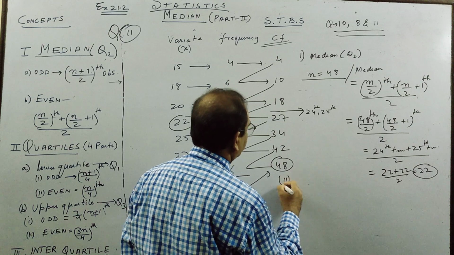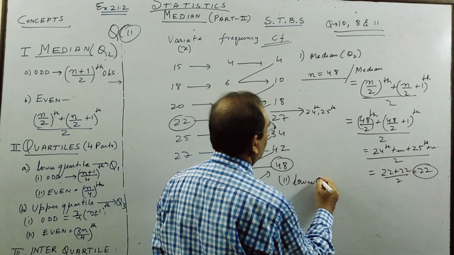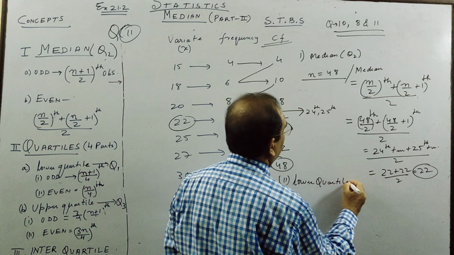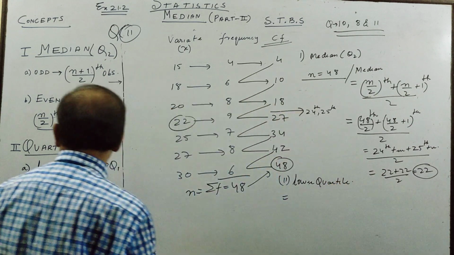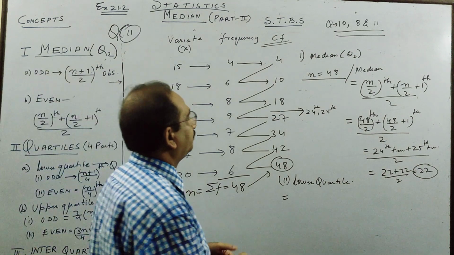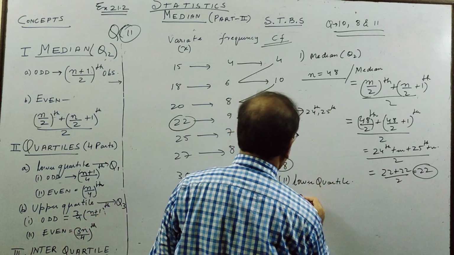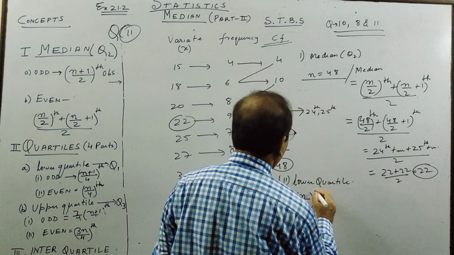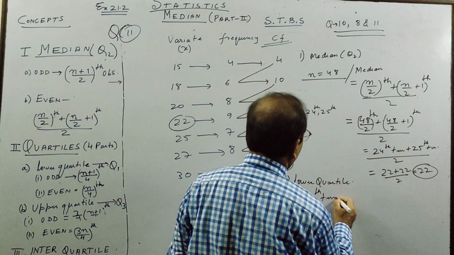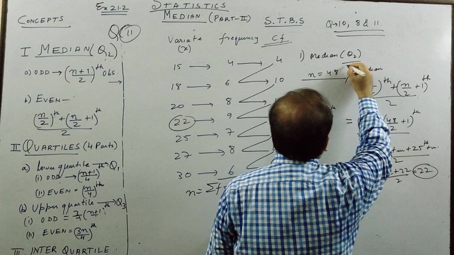Next is the lower quartile. Lower quartile for an even number is the n by 4th term. This is also called Q1, and this is Q2.